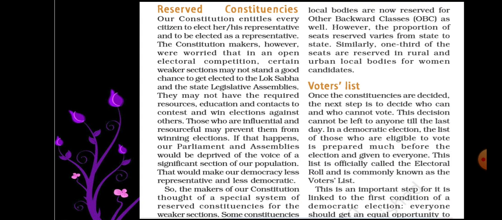So, friends, we are talking about the voters list or electoral roll. In a democratic election, the list of people who are eligible to vote is prepared much before the election and given to everyone. So before the election, we all get the voters list, so that we can understand from each family who can vote.